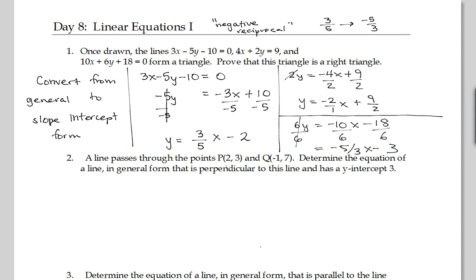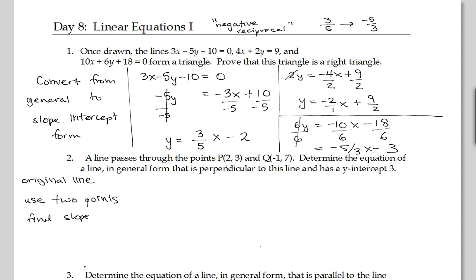So what you might want to do here is the original line. What's the only given information from the original line? 2 points. What's the only thing you can do with 2 points? Find the slope. So use 2 points. Find slope. Okay, let's pause there.